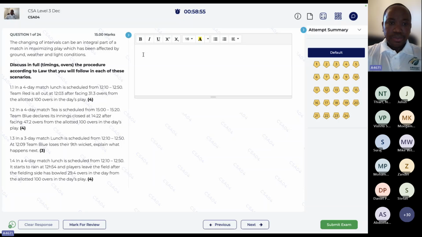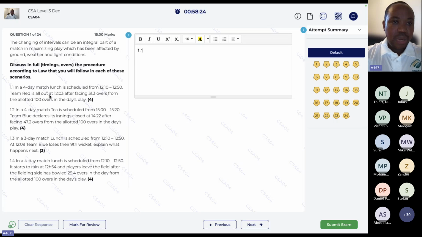So once you have read the question, type your answer into the text box provided, and especially where you have more than one question displayed at the same time, you need to type in 1.1. So in a 4-day match, lunch is scheduled from 12:10 to 12:50.